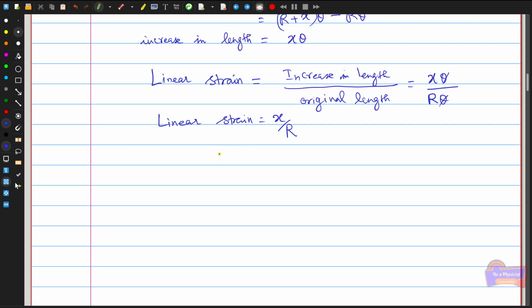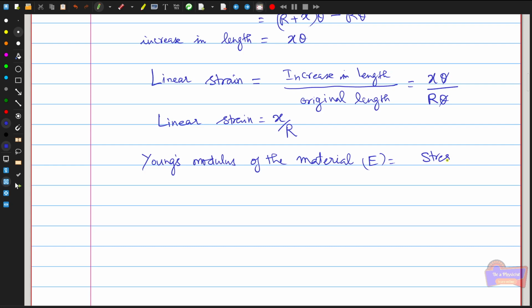Okay. I can write the expression for the Young's modulus of the material, which is given as E, equal to the stress divided by strain.